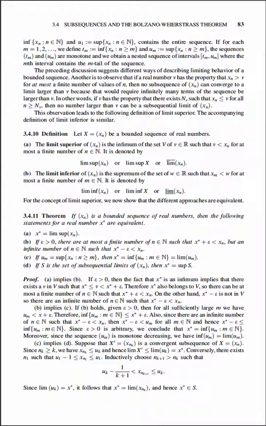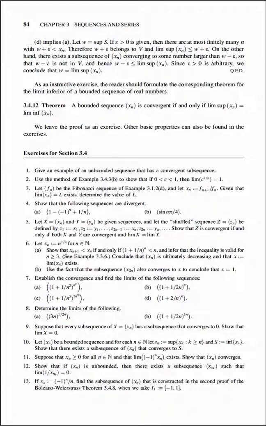In fact, it's a really good exercise to state the mirror of Theorem 3.4.11 for lim infs, and to prove it as well. In fact, that's likely enough to turn up in your homework. And then Theorem 3.4.12 kind of solidifies a lot of this discussion. It's an important theorem. They leave the proof as an exercise, and I would recommend trying to prove it as an exercise.